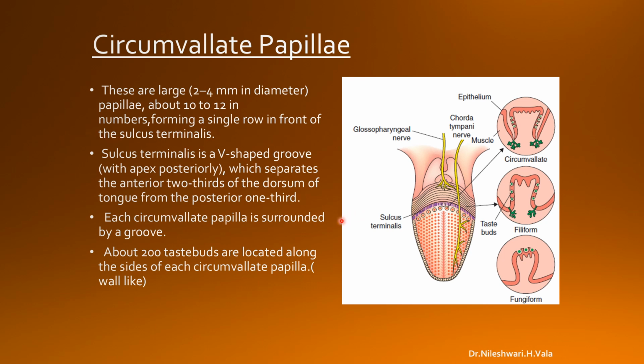The sulcus terminalis is a V-shaped groove which separates the anterior two-thirds of the dorsum of the tongue from the posterior one-third. Each circumvallate papilla is surrounded by a groove, and about 200 taste buds are located along the sides of each papilla, and they are ball-like structures.